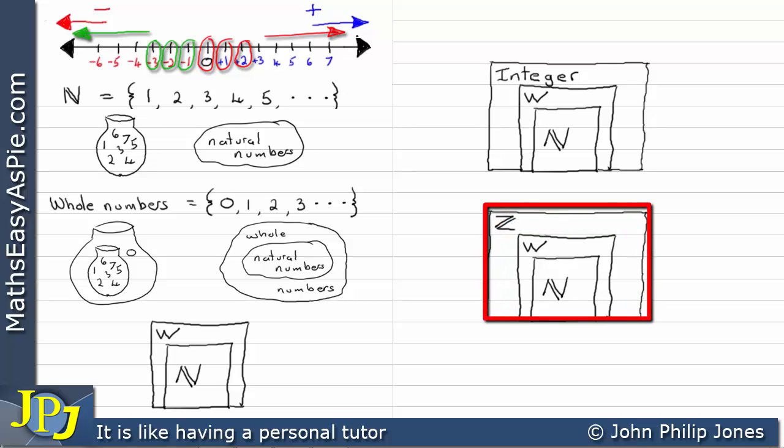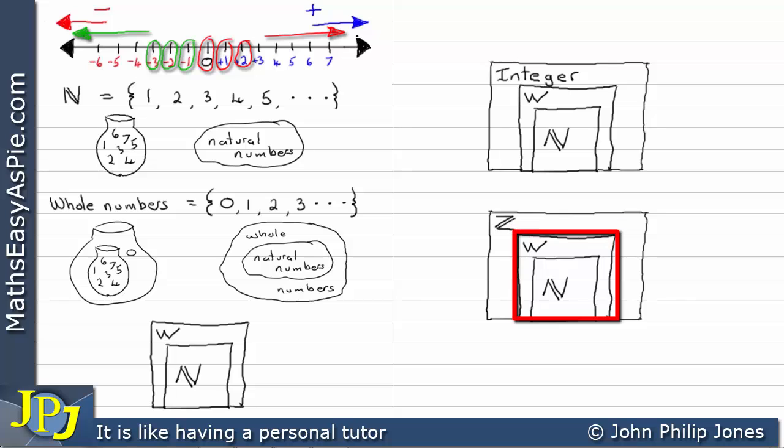Likewise, it obviously belongs to the integer set, because the integer set contains both the whole number set and the natural number set. It is often the case, however, that when people talk about what 1 really belongs to, it's always said to belong to the one that's the most inner contained in the diagram. So it is frequently said it is a natural number.